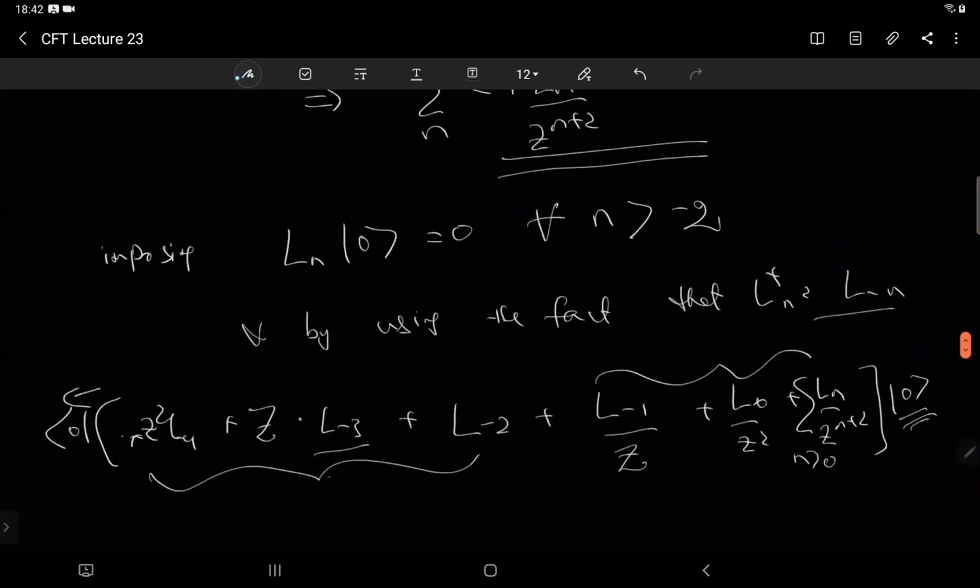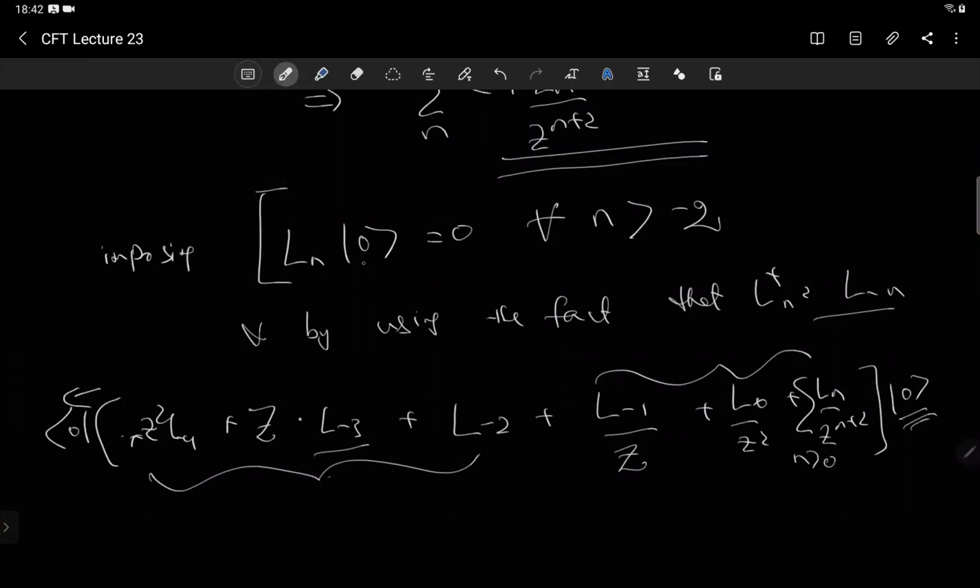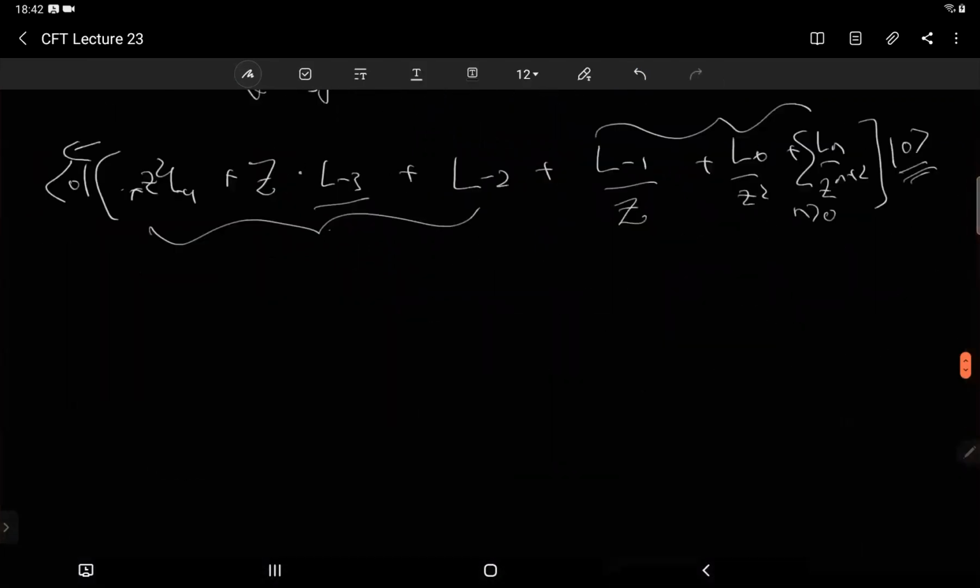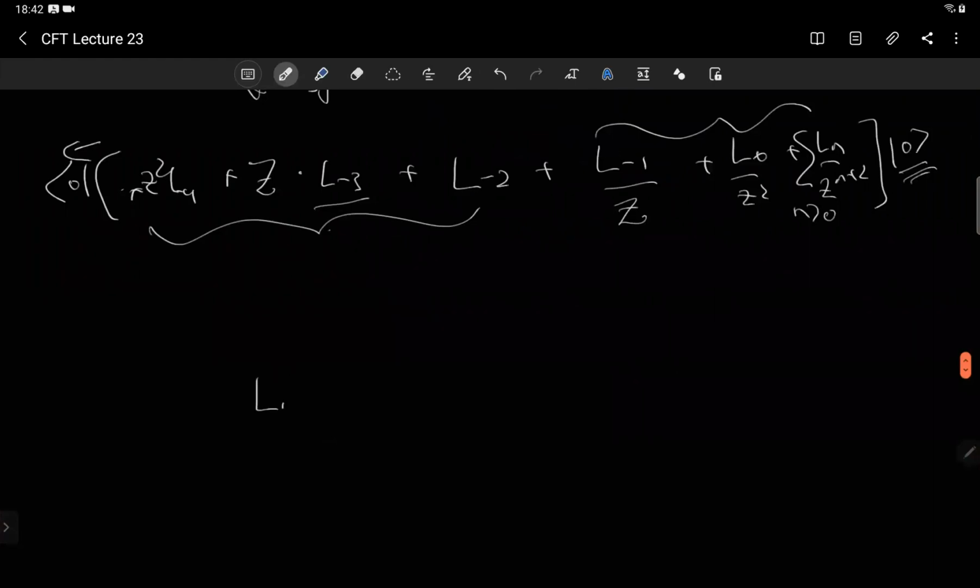So it is enough to impose just this thing. And then we also said that these Ln's you can now write down using the Cauchy residue theorem. You can write Ln itself as the integral of T(z) times z to the n plus 1 dz over 2 pi i, over some contour which is around the origin.